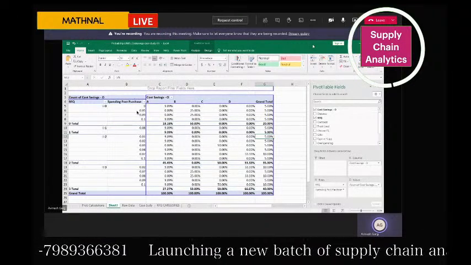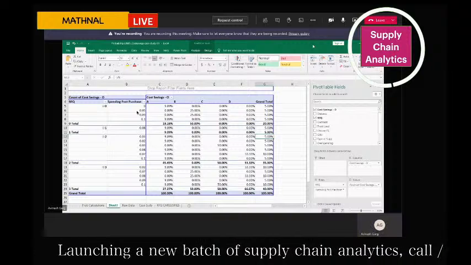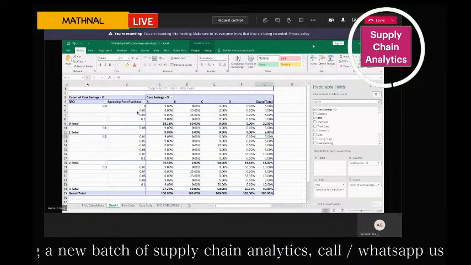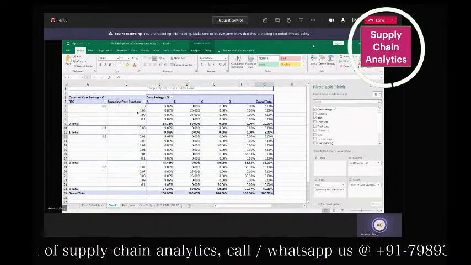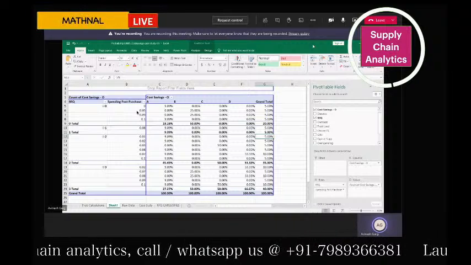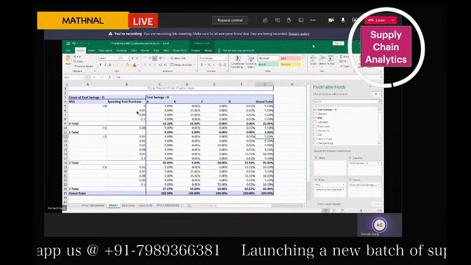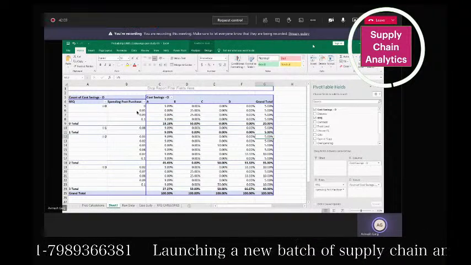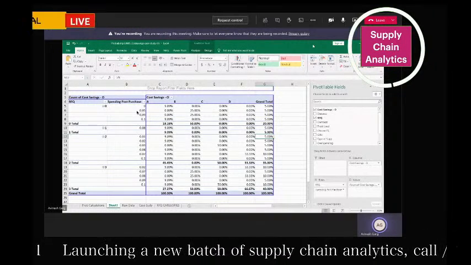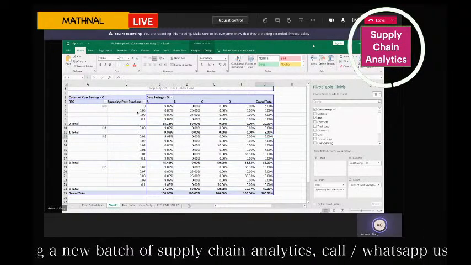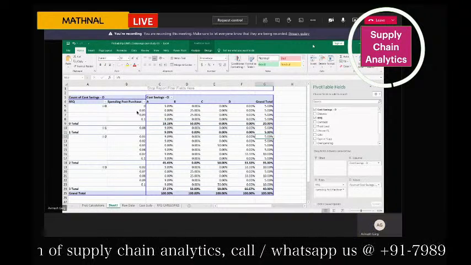Given it is A, can we take this spending post purchase in the column? Yeah, spending post purchase in the column.